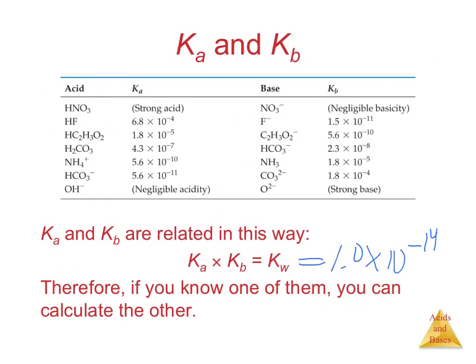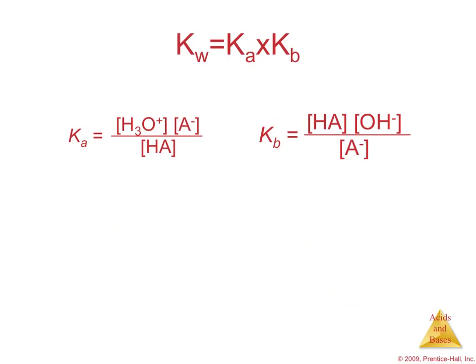If we look at the expressions that we've written on the next slide, so we have the Ka equals the H3O plus concentration times the conjugate base concentration over HA, and the Kb equals the HA times the OH minus concentration over the A minus concentration.